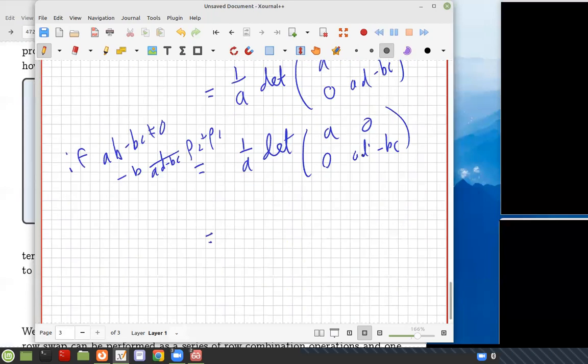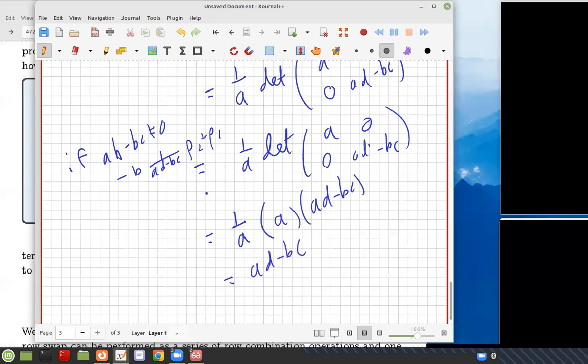In which case, I can say this is 1 over A times the product, because now the matrix is diagonal, times A times AD minus BC. The 1 over A's cancel, and you have AD minus BC.